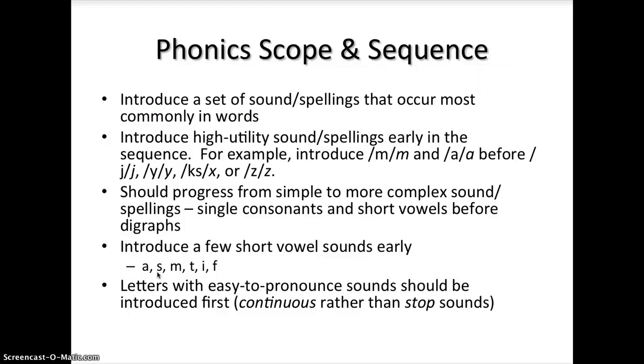If we're segmenting that, mat, at, it blends with that short A very easily. If we're thinking about bat, the b, at, when we break that apart, there's that pause there. It's more difficult to blend. But when both of those words, the T, which is a stop sound, is at the end, so it's not quite as difficult for us to blend at the end of the word.